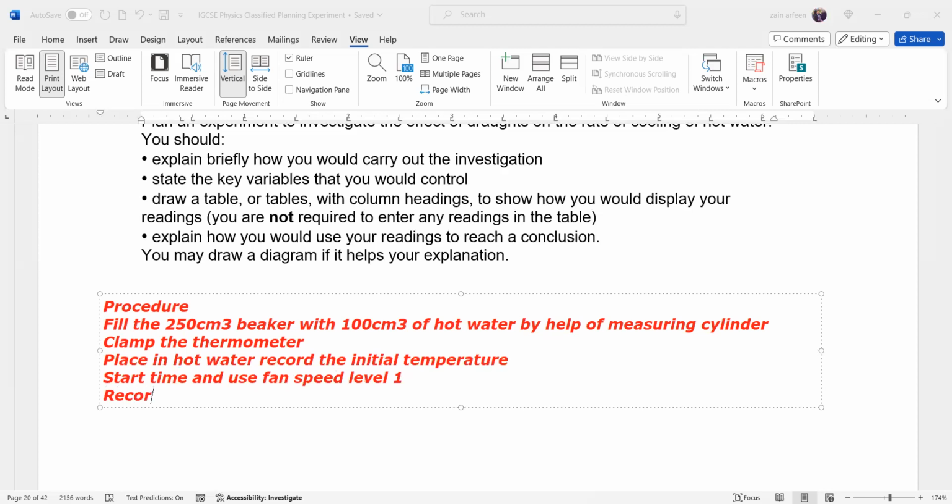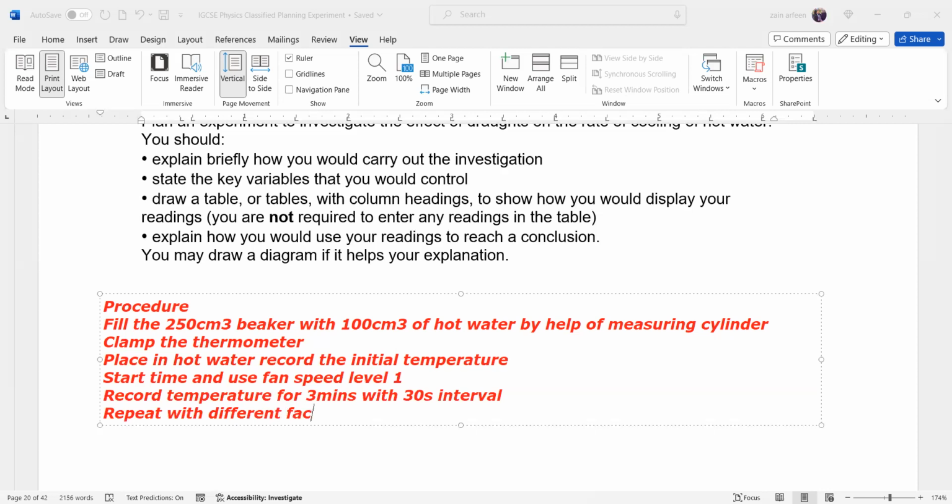Then record the temperature for 3 minutes, usually 3 to 5 minutes. This experiment should be done with a 30-second interval. Like after every 30 seconds, we will record the temperature. Then repeat the experiment with a different fan speed. So this is the procedure. So how you carry out the investigation, that's the procedure.